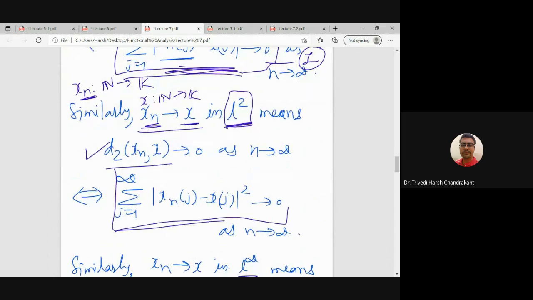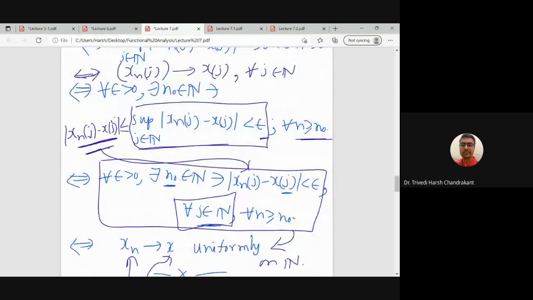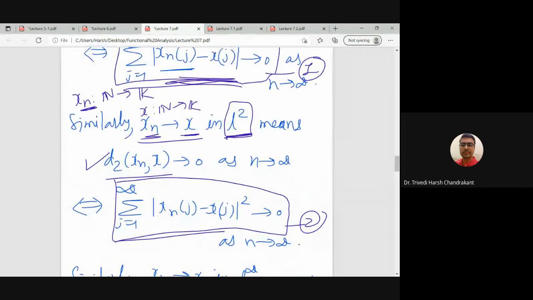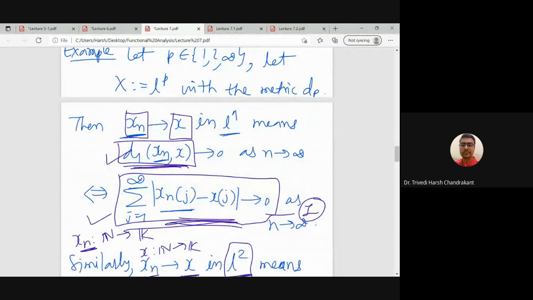This we call 2, and this is our third condition. So this is convergence in L infinity. The second equation is convergence in L2, and the first condition is x_n converges to x in L1.